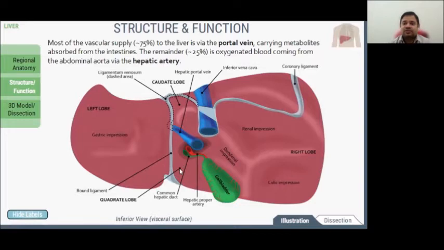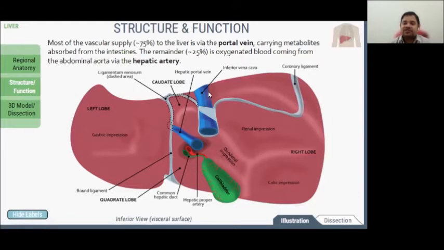Then you can see two more lobes are present. One is the caudate lobe, another is the quadrate lobe, which lies next to the gallbladder. You can see the gallbladder here, the proper hepatic artery, and the common hepatic duct, and the round ligament or ligamentum teres is present on this side. Then you can see the hepatic portal vein and the ligamentum venosum, which is the dotted area.